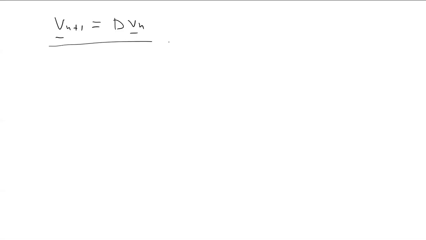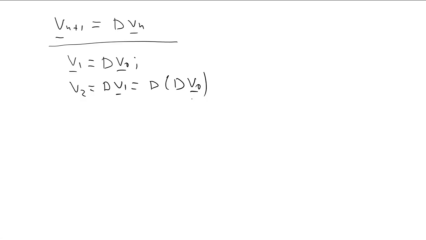Now let's see how it goes in a step-by-step manner. So v1 will be equal to D v naught. v2 equals D v1, which is D times D v naught.